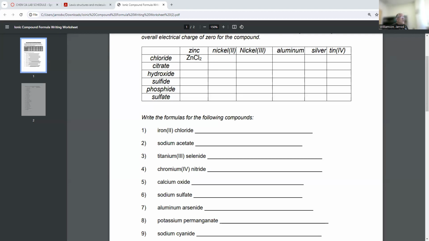And it is nickel with a Roman numeral 2. Nickel with a Roman numeral 2 means nickel with a +2 charge. Citrate is this thing.